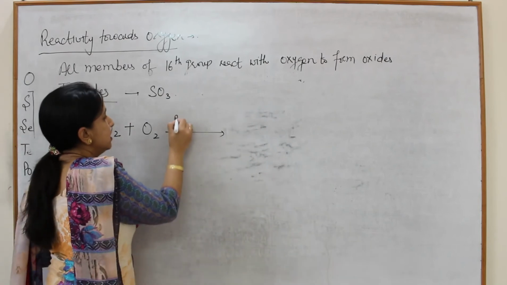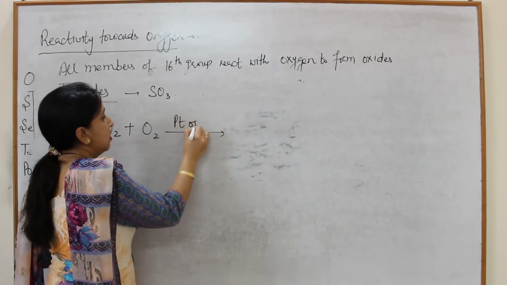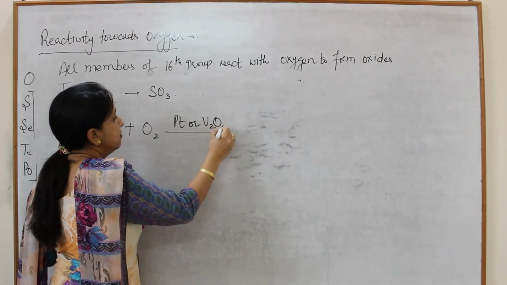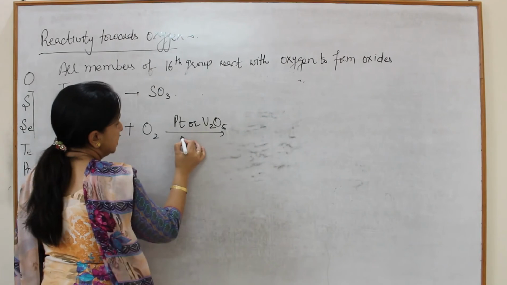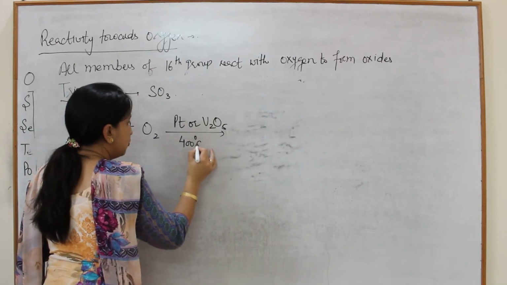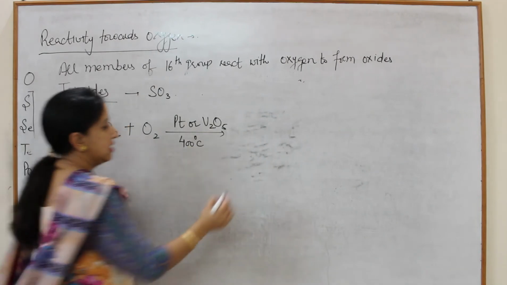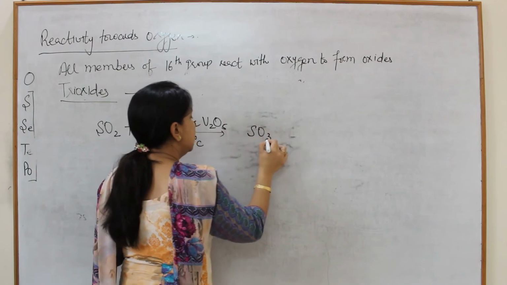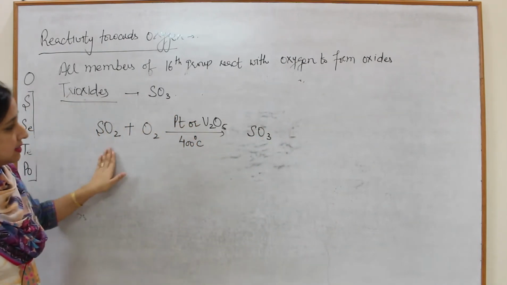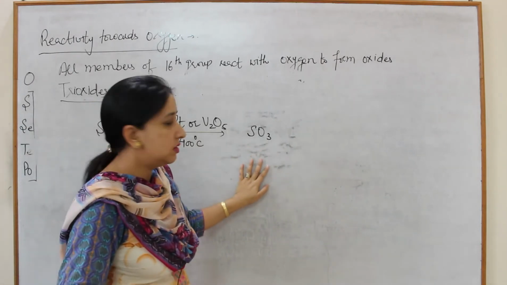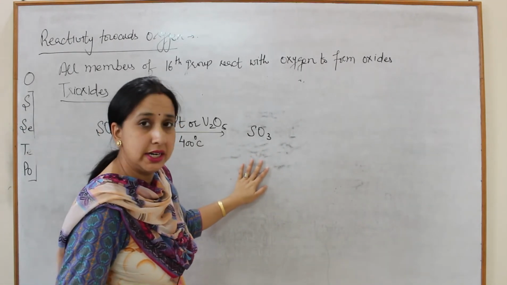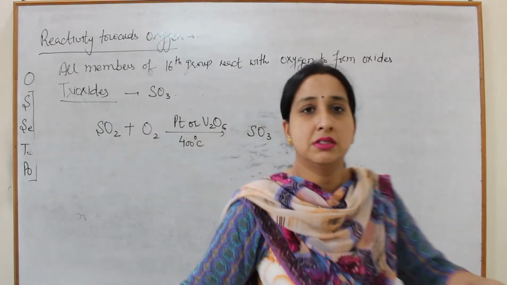The catalyst is usually platinum or vanadium pentaoxide, and we heat this mixture up to 400 degrees Celsius, then we will get sulfur trioxide.